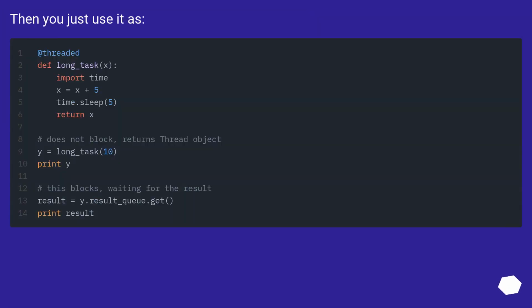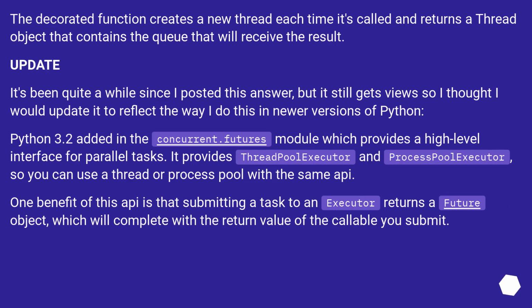Then you just use it as follows. The decorated function creates a new thread each time it's called and returns a thread object that contains the queue that will receive the result.